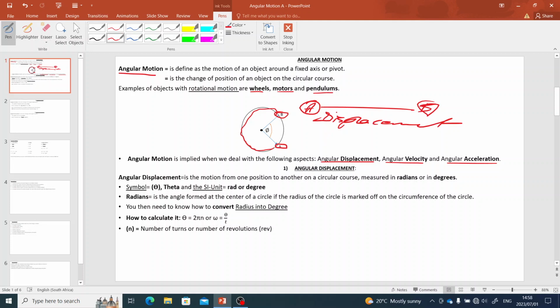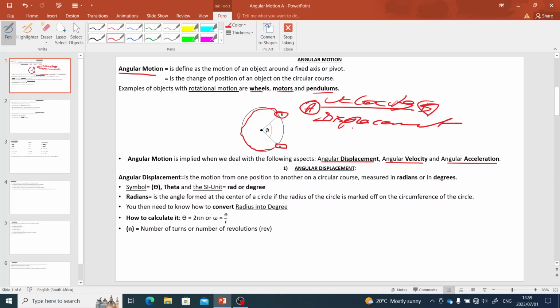Now, you will cover that displacement by traveling at a certain velocity. That's what we did when we were dealing with linear motion, and that's exactly what we will be dealing with here. But here, the motion occurs on the circular course. Between A and B, you can't be driving from here to Cape Town at 80 kilometers per hour.